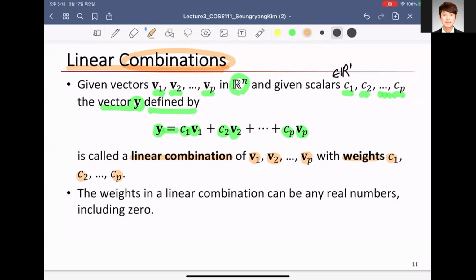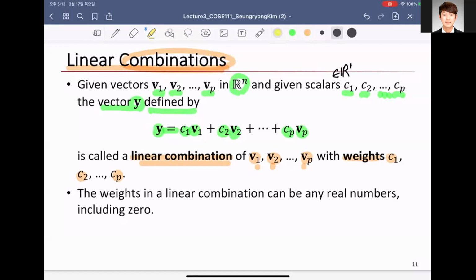This is the definition of the linear combination. It's very easy. When you think of these as just variables x1 or x2, this is the linear equation, but in terms of vectors, this is a linear combination.